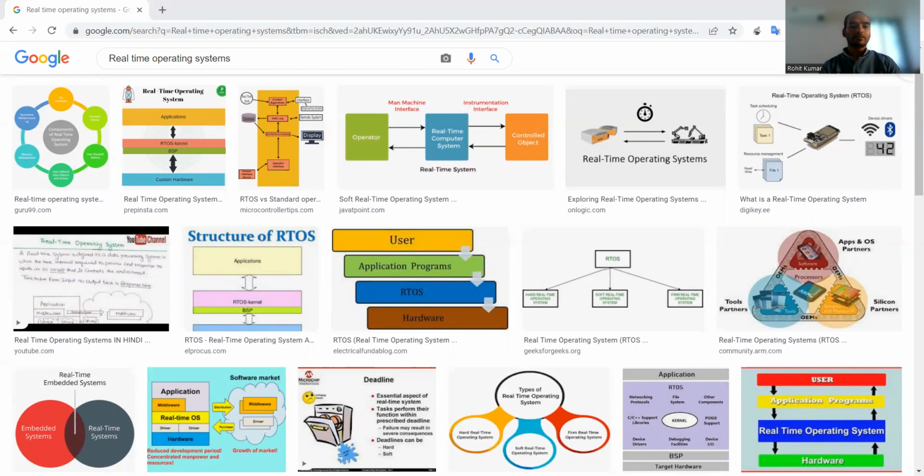But what different issues are there? Obviously there are multiple issues related to scheduling and latencies. Then there are multiple types of operating systems, again in the categories of soft real-time and hard real-time.